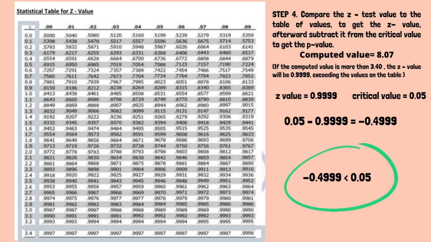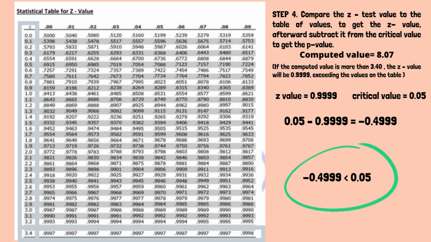Okay, and then, tingnan natin yung 0.05, 0.9997. Pero hindi ito yung gagamitin natin kasi sabi sa rule, if the computed value is more than 3.40, which is mas mataas naman talaga ang lagpas ng 3.40 yung 8.07, di ba?